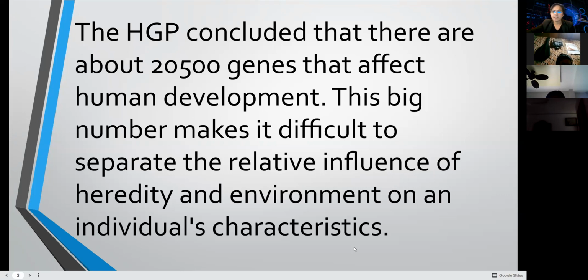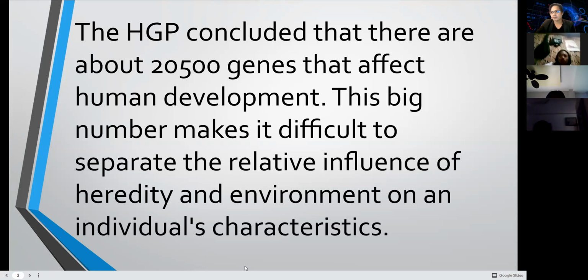This big number makes it difficult to separate the relative influence of heredity and the environment on an individual's character. Take note that we are not just molded according to our genes. We are also molded according to our environment. That is why, right? Influence of environment.